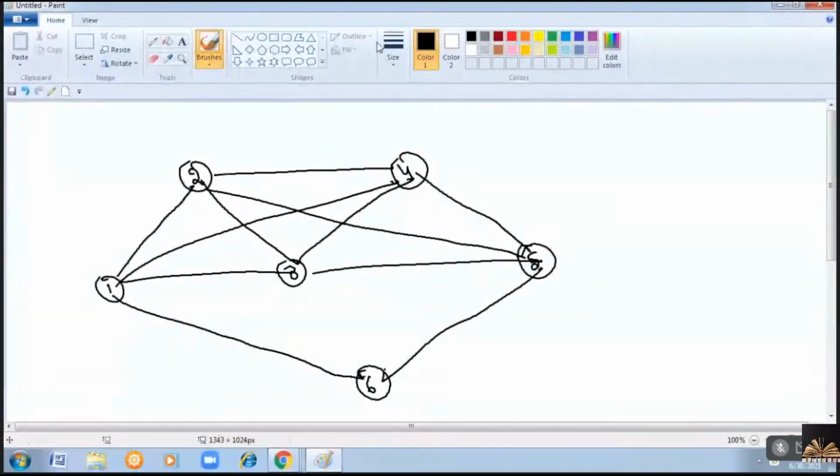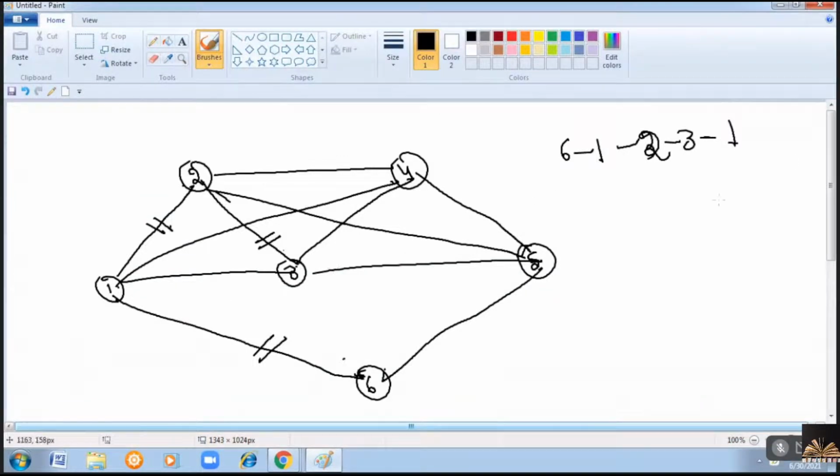So start traversing. Suppose if you start from here, you can go from 6 to 1. From 1, I can go to 2. From 2, we can go to 3. From 3, we can go to 1 again.